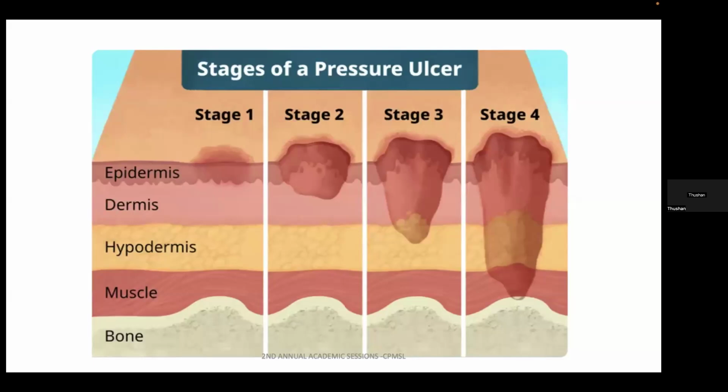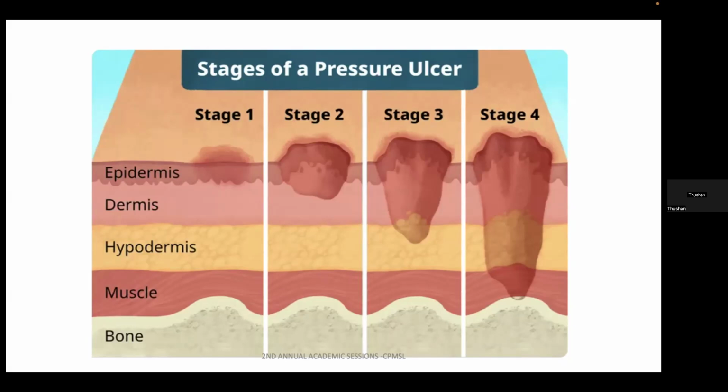Now, based on how far deep the pressure has been transmitted and how far deep the tissue injury is, and how far deep the tissue is damaged or necrosed or exposed, we stage this ulcer into various categories. If the dermis is not greatly involved, it's a stage 1 disease. It's limited to the epidermis only. If the dermis starts getting involved, then that's a stage 2.